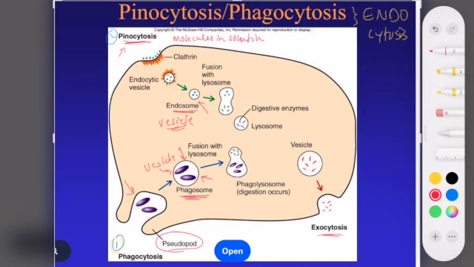It will fuse with the cell membrane, so this red part that I'm drawing was actually this here. The vesicle fuses with the cell membrane and releases the substance to the outside of the cell.